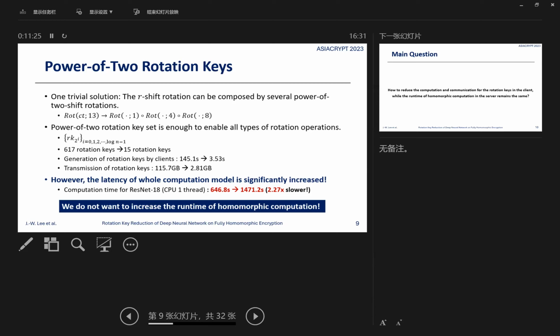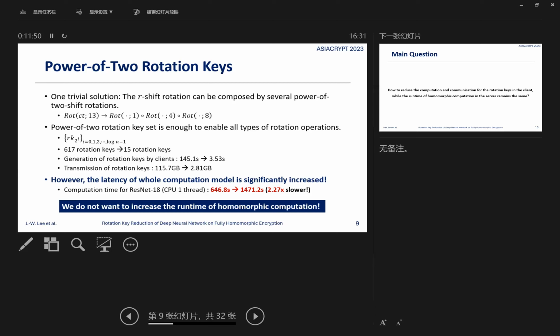So the power of 2 rotation key set is enough to enable all types of rotation operations, because all numbers can be summed with powers of 2 integers.